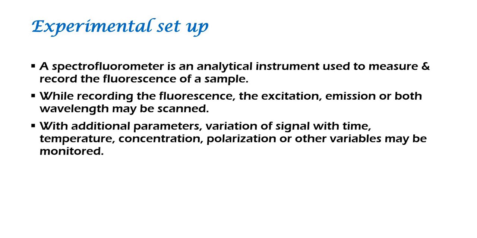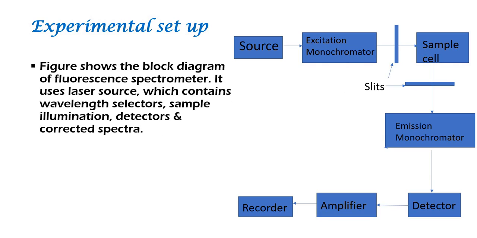Variation of signal with time, temperature, concentration, polarization or other variables may be monitored. The figure shows the block diagram of a fluorescence spectrometer. A fluorescence spectrometer uses a laser source and contains wavelength selectors, sample illumination, detectors and corrected spectra.